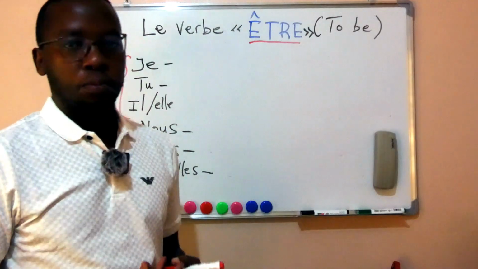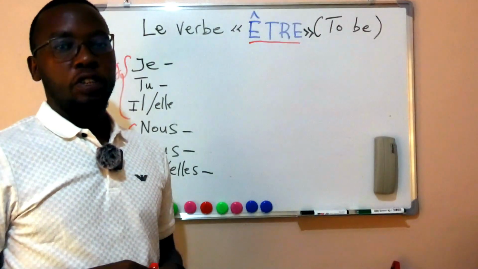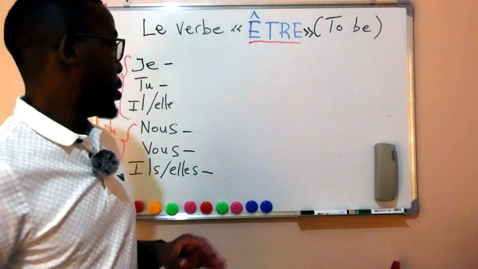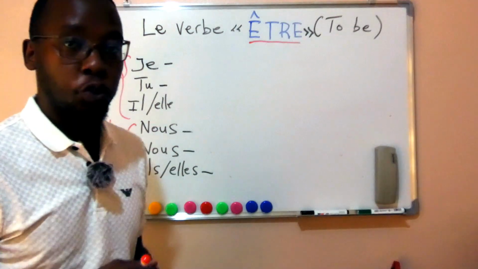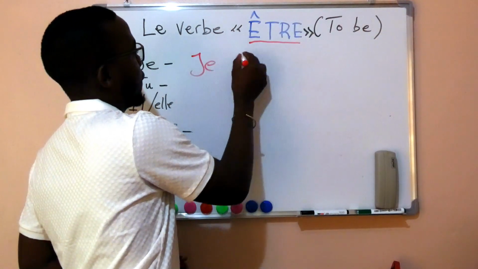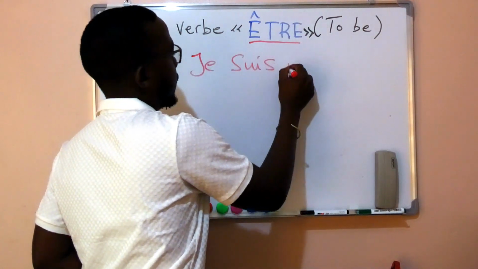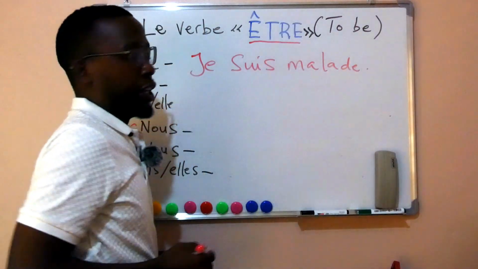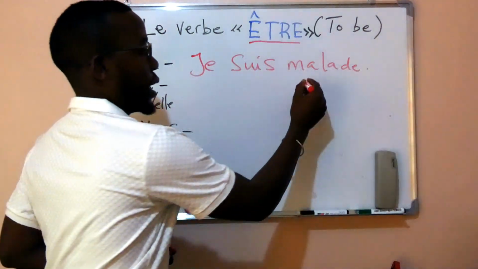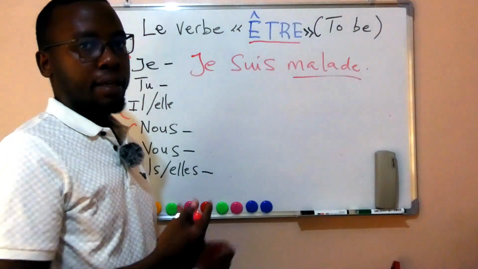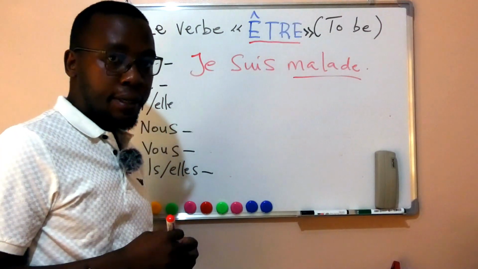Now let us try to form some sentences using the verb être. For example, for the first case, je suis malade. In Luganda, they say mulwadde. That is why it sounds like Luganda, malade, mulwadde. Je suis malade.